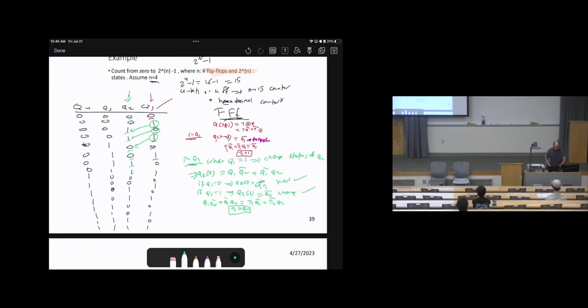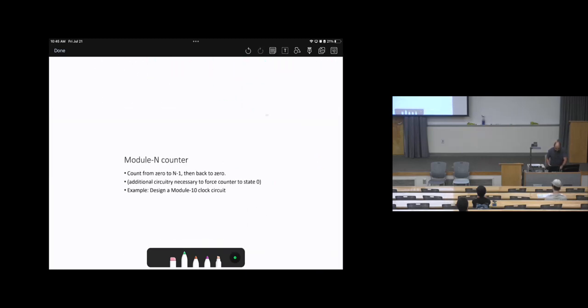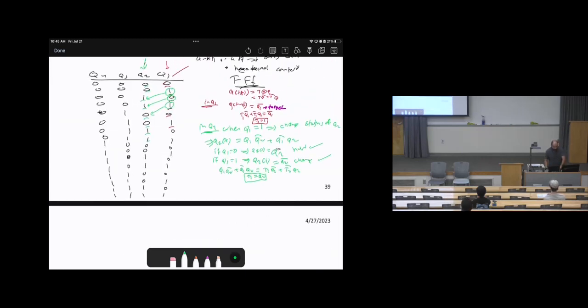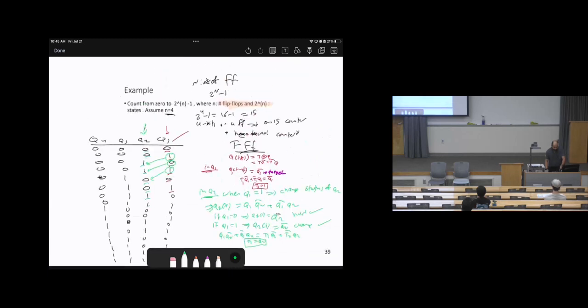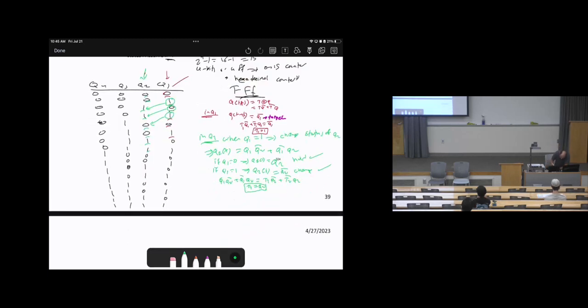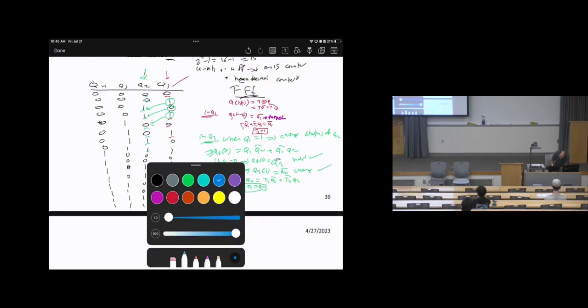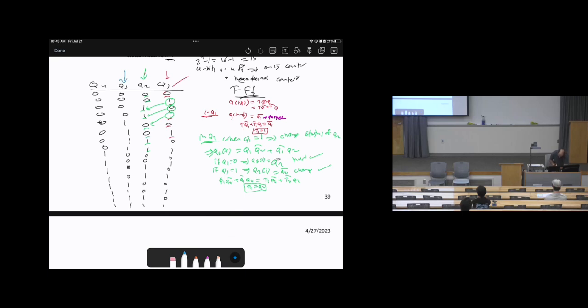How about the third one? Do we have enough space? Yes, we have some. Third one, let me use another color here, Q3. Let's look at Q3 and see when there will be change. They are all zeros, and it will change to 1 if both are 1s. Otherwise, no change.